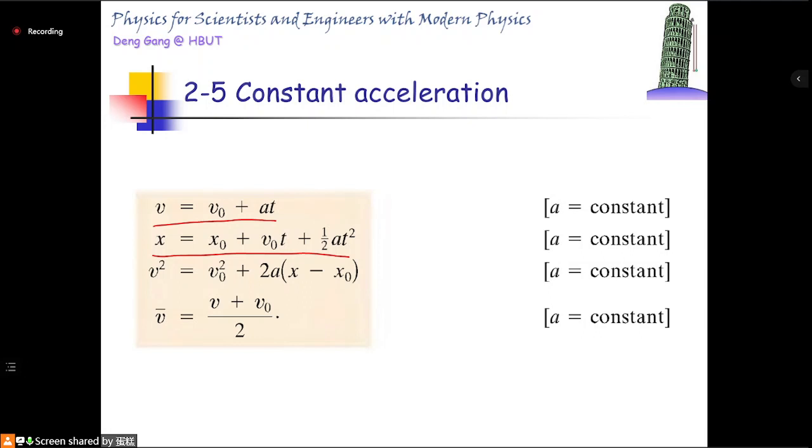And in this equation, v bar means the average speed. The average speed is equal to half v plus v0. So these equations, especially these three, are very useful because moving with constant acceleration is a common motion in our daily life.